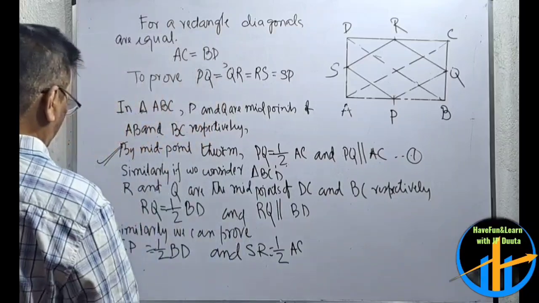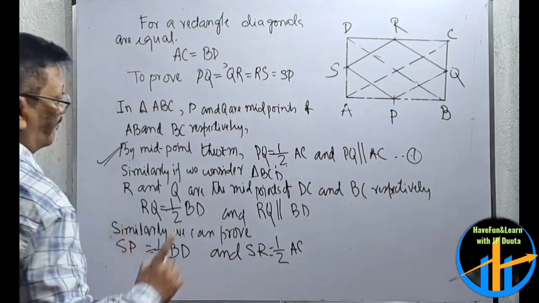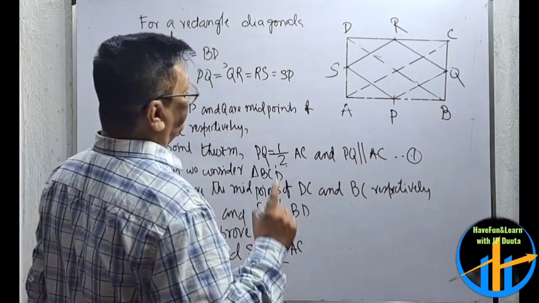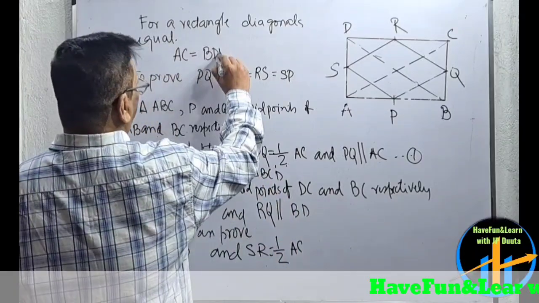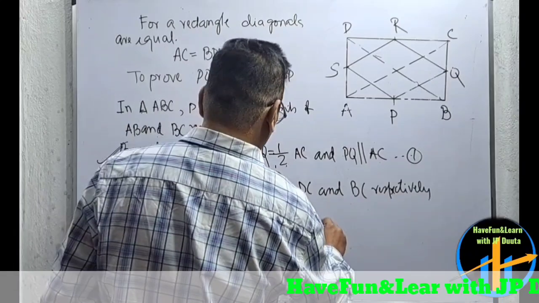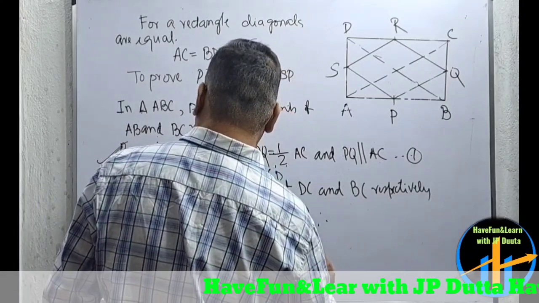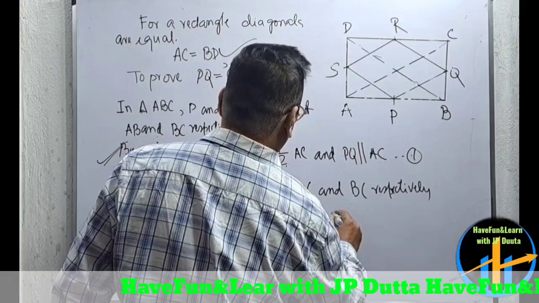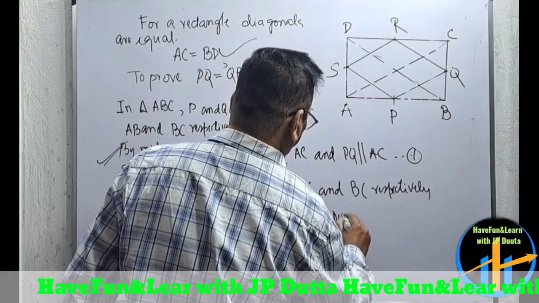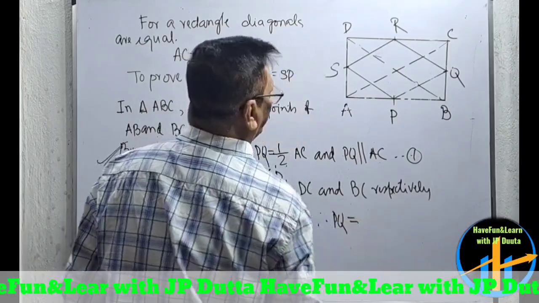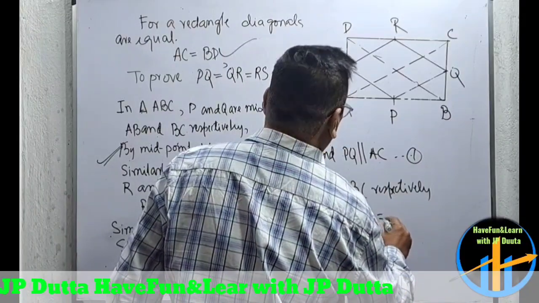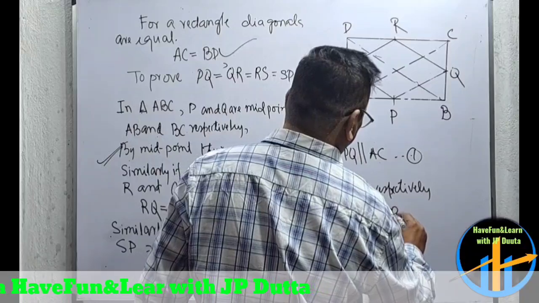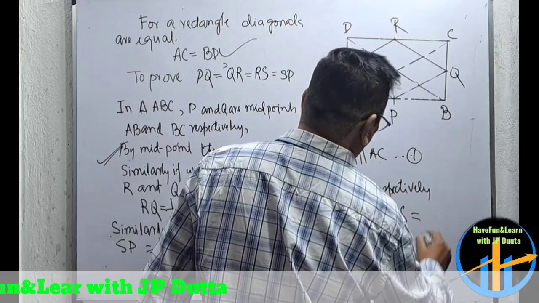Right? So look at this. But for a rectangle, the diagonals are equal, we said. Therefore, PQ is equal to QR, and that is equal to RS, and that is equal to SP.